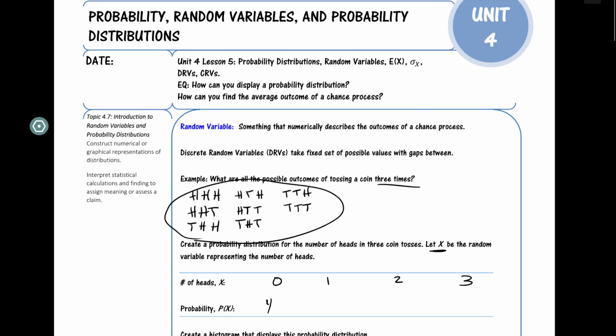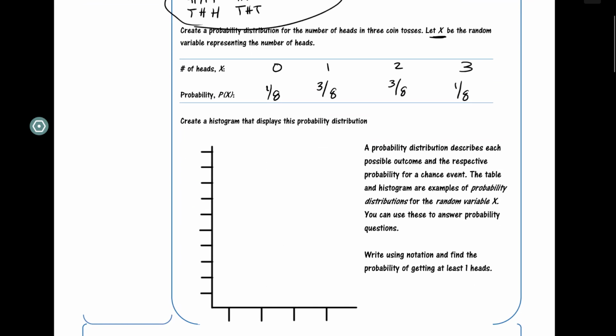Well, 0 heads occurred exactly 1 out of 8 times, 1 heads occurred 3 out of 8 times, 2 heads occurs 3 out of 8 times, and 3 heads occurs 1 out of 8 times. If you add up all of those probabilities, you will get exactly 1, meaning we've represented 100% of all of those situations. Now, what we can also do is create a histogram that displays this graphically too.